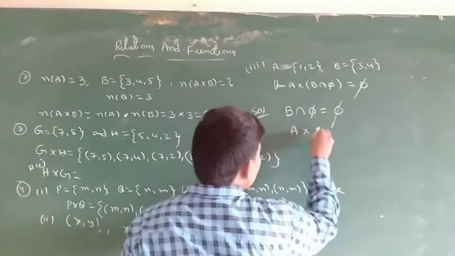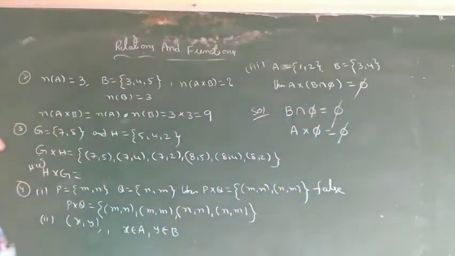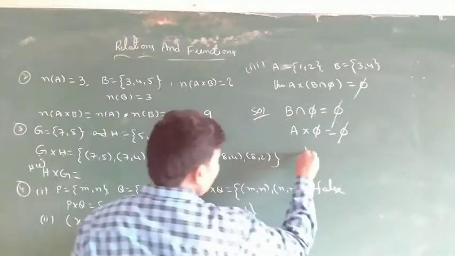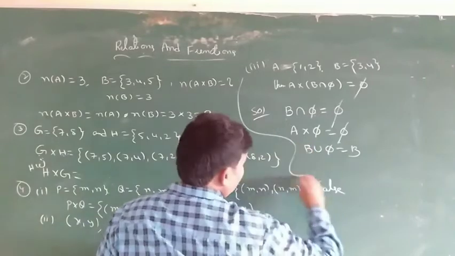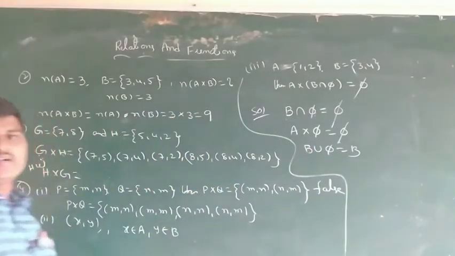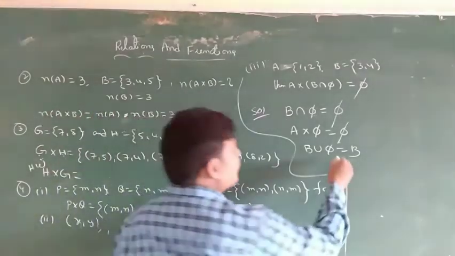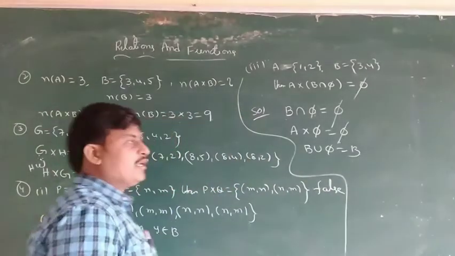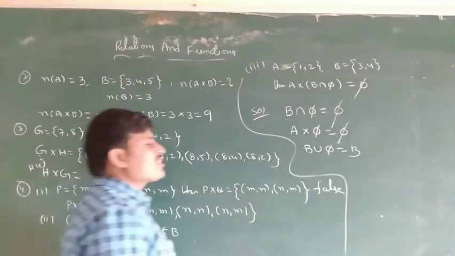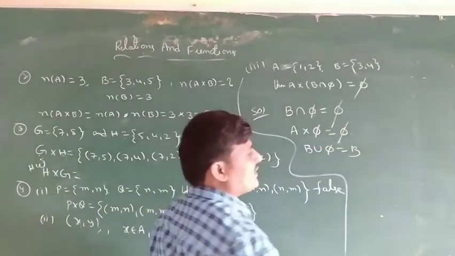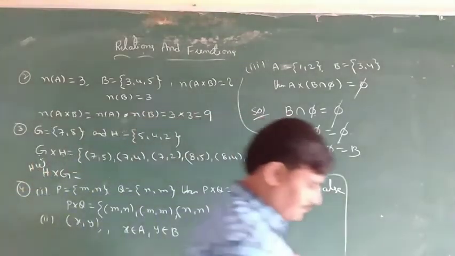A cross pi is also pi. B union pi is equal to B. These properties are very important. B union empty set is equal to B, B intersection empty set is equal to pi, and A cross empty set is equal to pi. Is it correct? Okay. Next.